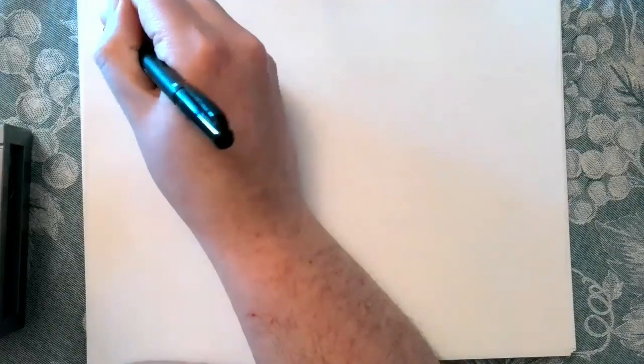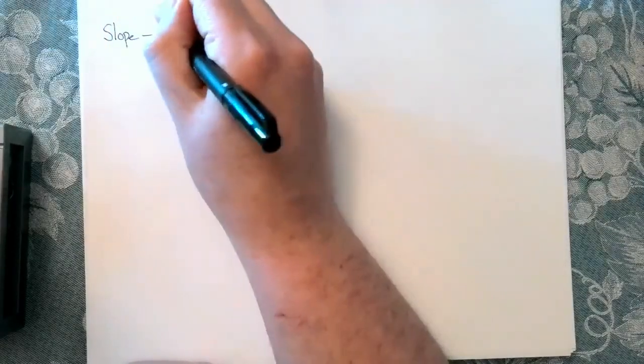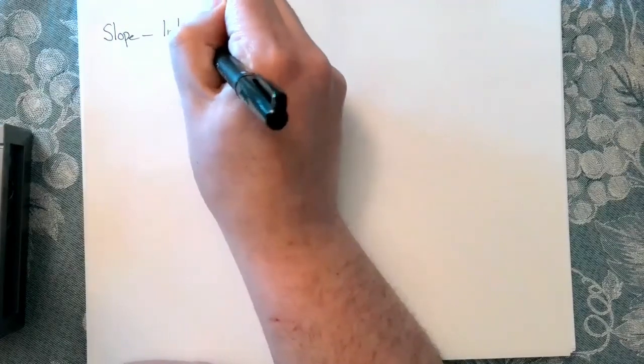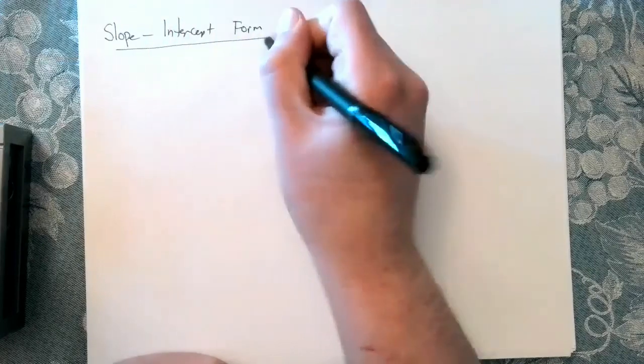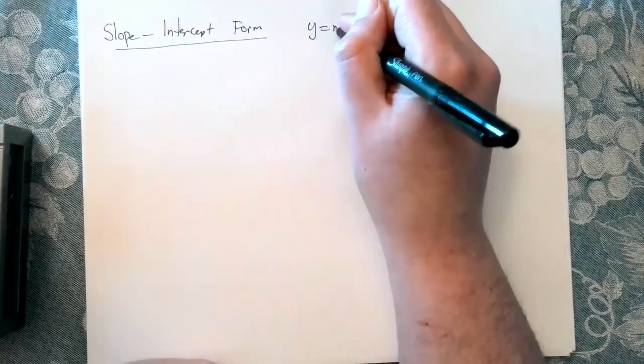All right, so let's do a little recap before we go further. So we have the slope-intercept form. We said that was y equals mx plus b.